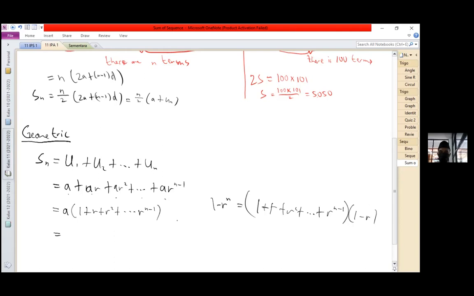That's why here we can multiply by 1 minus R divided by 1 minus R. If we multiply this one with 1 minus R, we'll get A times 1 minus R to the power of n, and then divided by 1 minus R. So that's how you get the formula for the geometric sequence.